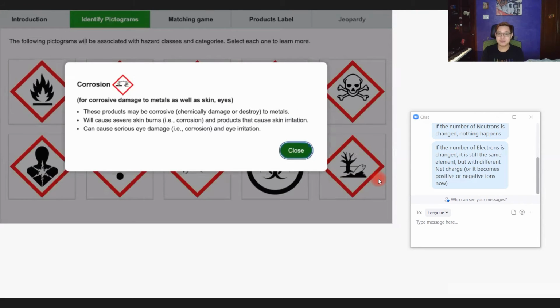Okay, corrosion. I think this is one of the most common. You have acids and bases, which can eat through your skin or your eyes very easily. They dissolve through metal. Do you know what household products are corrosive? Bleach. Have you ever seen bleach?